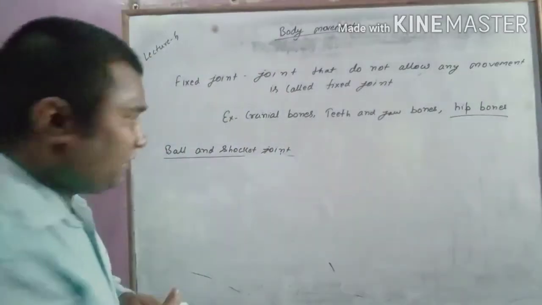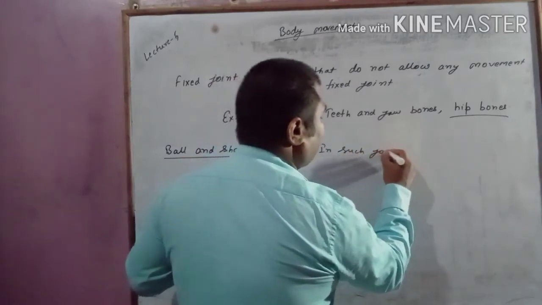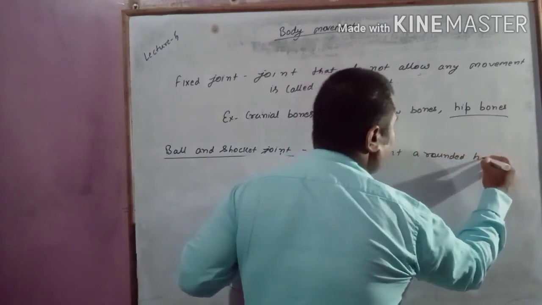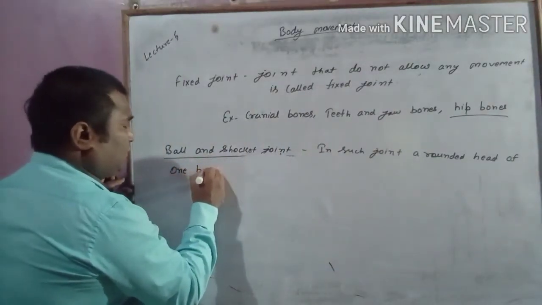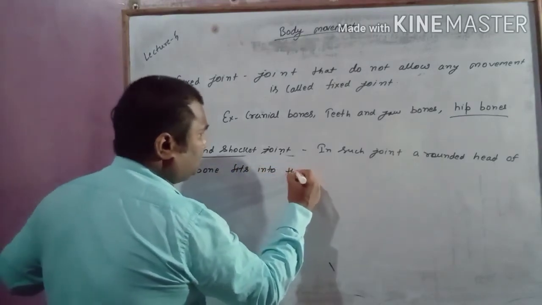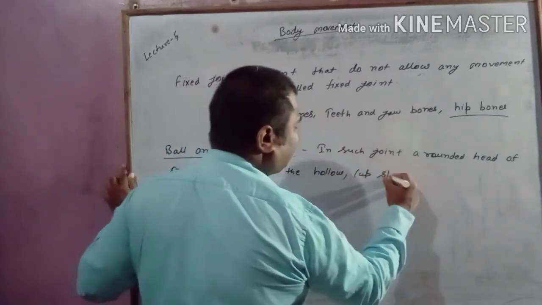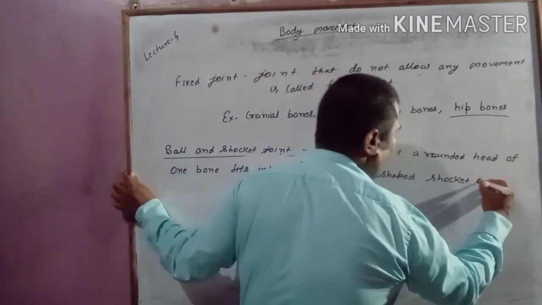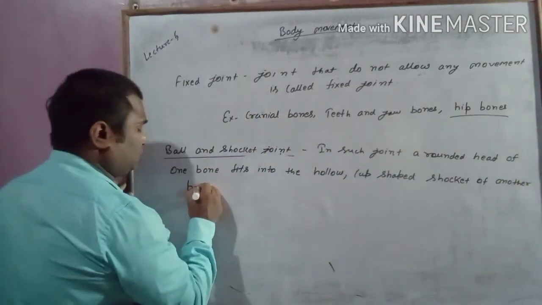So what is a ball and socket joint? In such a joint, a rounded head of one bone fits into the hollow cup-shaped socket of another bone.